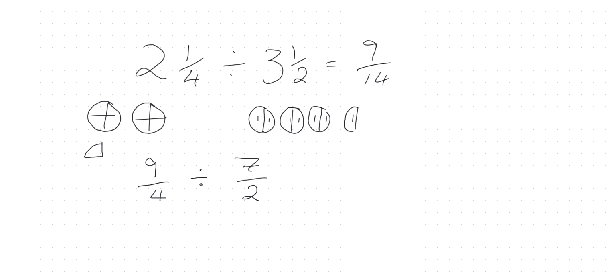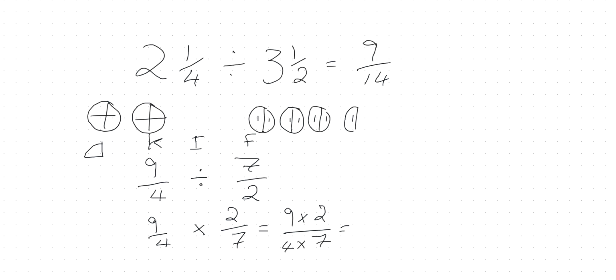Now I've got my improper fractions, I'm going to go back to my mate Kif. Keep, inverse, flip. So 9 over 4 multiplied by 2 over 7. Now I've got top multiplied by top over bottom multiplied by bottom. 9 lots of 2 is 18. 4 multiplied by 7 is equal to 28.